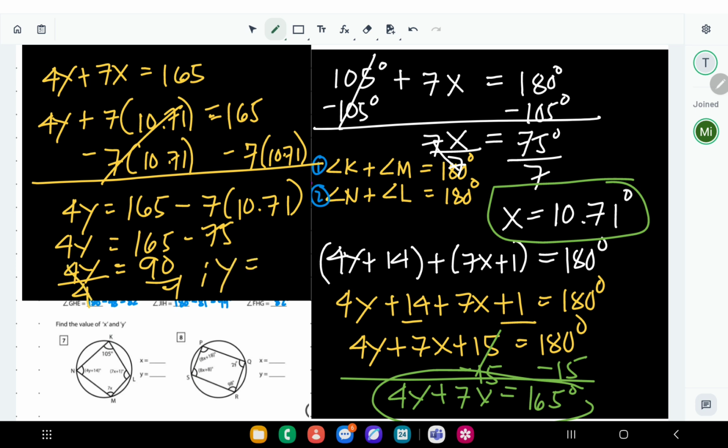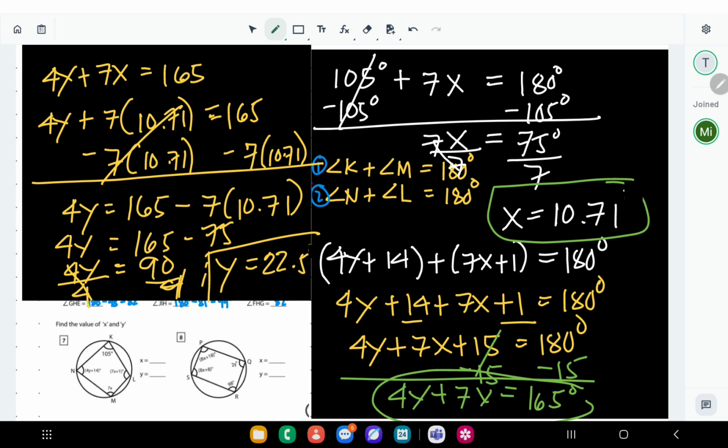So y is equal to, what is y? 22.5. Oh, 22.5 is not degrees. 22.5. 90 divided by 4 is 22.5.